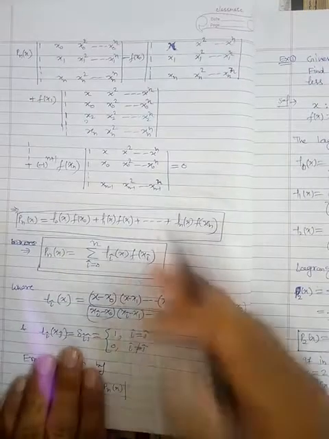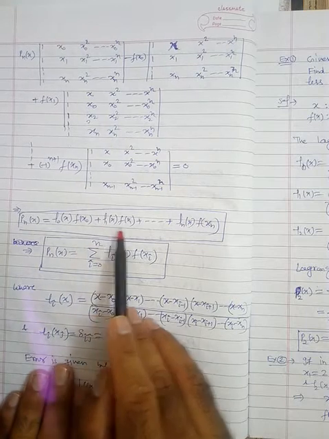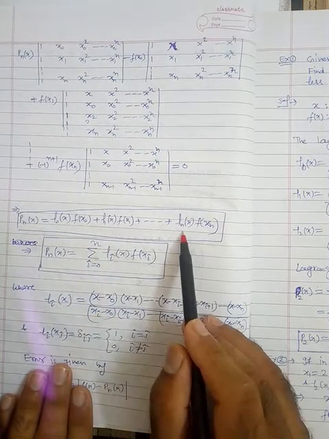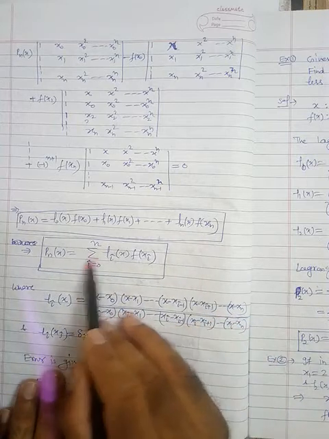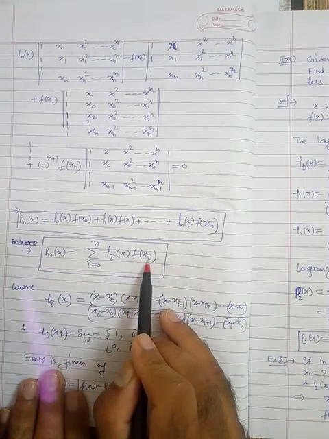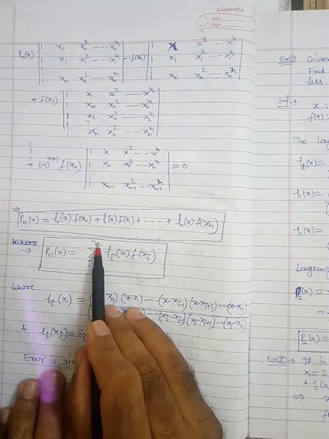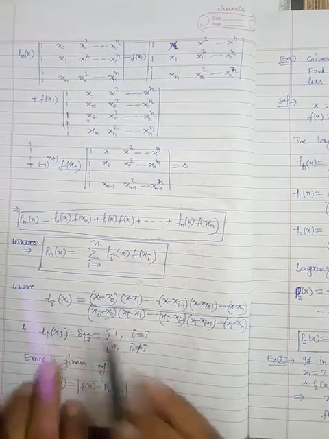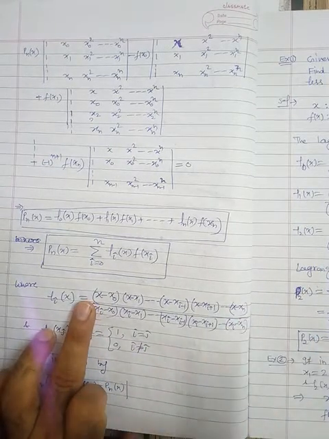Similarly in the degree n polynomial we have L0(x) f(x0), L1(x) f(x1), Ln(x) f(xn). This can be written in summation form, sum of Li(x) f(xi), where i varies from 0 to n, where Li(x) is nothing but the following. In the numerator we will not have a factor of the type x minus xi.